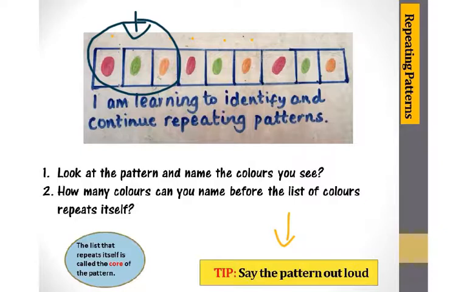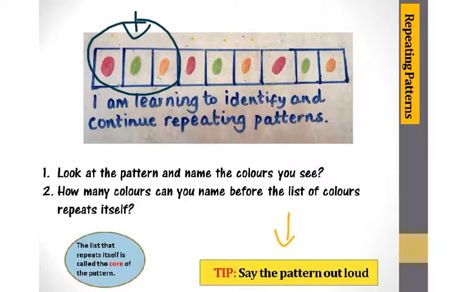It would be pink. Pink, green, orange, pink, green, orange. So to recap quickly on this slide, the list that repeats itself is called the core of the pattern. So this pattern here has a core of 3. You can see the 3 colours that are circled in black, since it repeats every 3 colours.